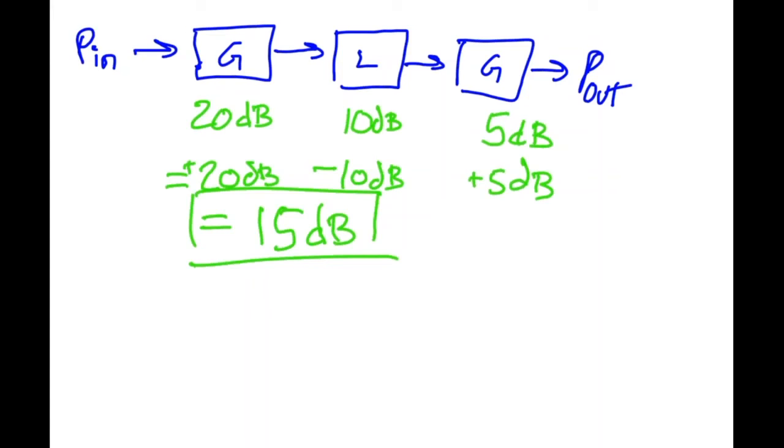And that kind of brings us to the last topic that we have, which is that concept of power levels. And okay, what exactly is dBW and dBm? In that case, what we're really looking at is that all they are is decibels, which is a ratio, relative to a reference value.